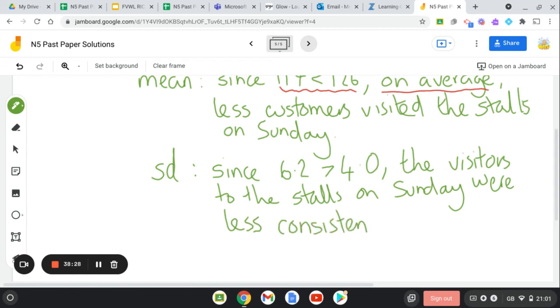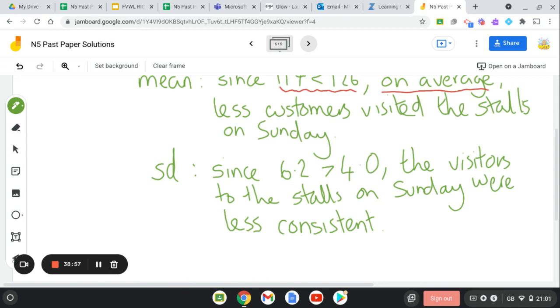Okay, so it just means that there was more variation in the numbers who were visiting the stalls on the Sunday. They were more consistent for the Saturday because your standard deviation is lower. So a lower standard deviation means that data set is more consistent, it's more reliable, but a larger standard deviation means that you've got a less reliable data set and your values are less consistent.